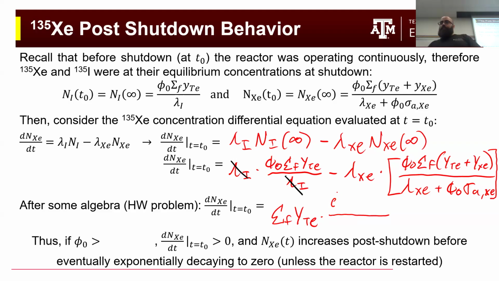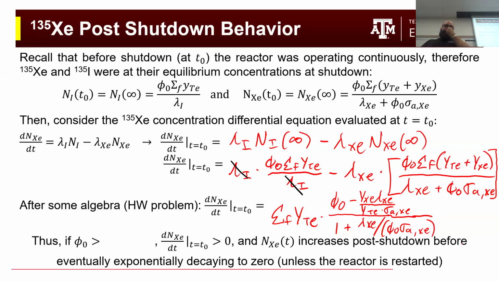In the numerator, you're going to have phi 0 minus the quantity, it's going to be tight here, the yield of xenon times the decay constant for xenon, divided by the yield of tellurium times the absorption cross-section for xenon. That's what I'm going to have in the numerator. And then in the denominator, I'm going to have 1 plus the decay constant for xenon divided by phi 0 times the sigma A for xenon.